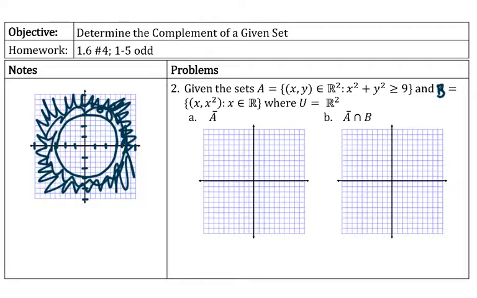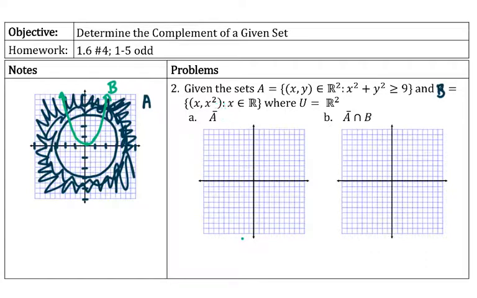Then x squared, if you think about this, is the same as x and y. So y is equal to x squared, and that would be our parabola. So A is this big shaded region, and B is just the simple parabola there.